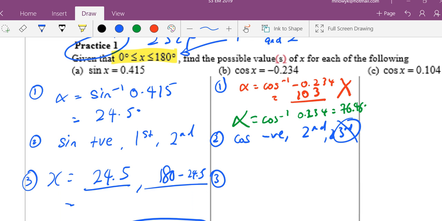Now, third step. Third step is what? Since it's the second quadrant, then you write down x equals 180 minus 76.46 equals 103.5.